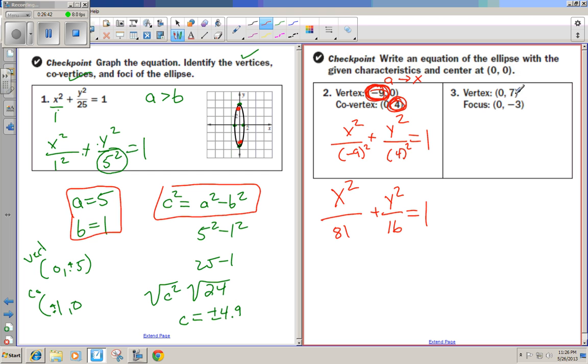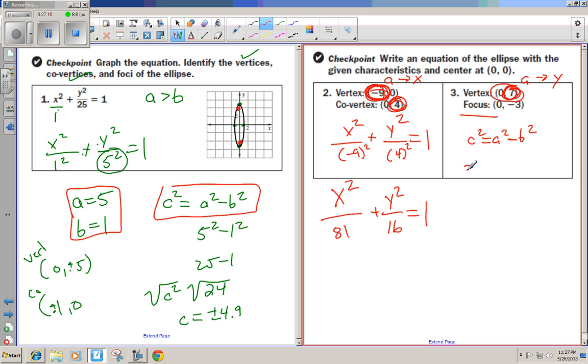Number 3, we know part of the equation. We know that the vertex is at 0, 7. Since it's 0, 7, that means this is your a value. And your bigger number goes with the y since it's in the y's position. So let's take a look. Focus is c squared equals a squared minus b squared.